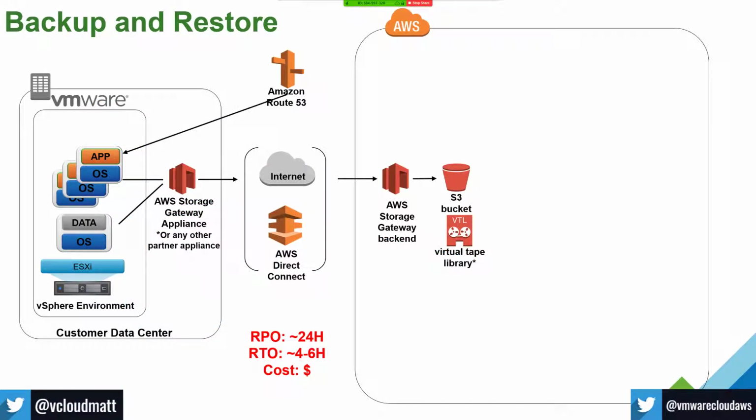So I talked a little bit about the backup and restore again. This is one of these things that's a very, very low cost option. Not necessarily a great RPO, not necessarily a great RTO, but good enough for a lot of workloads out there.